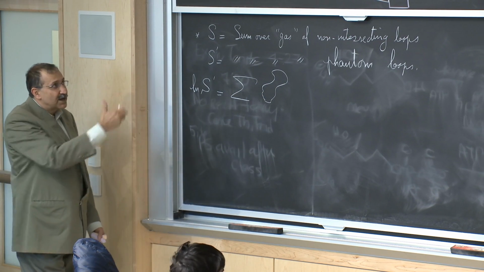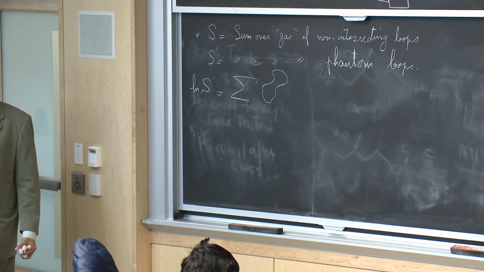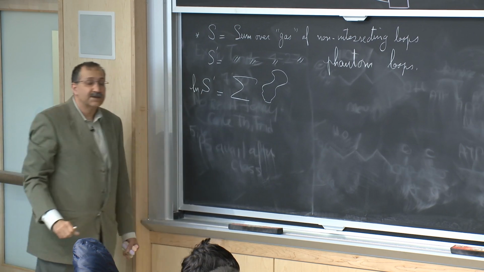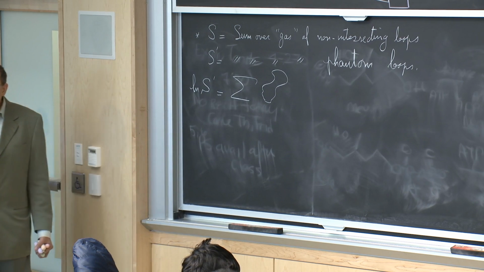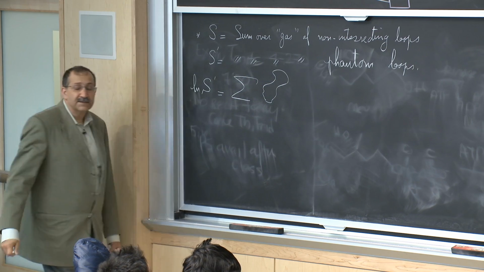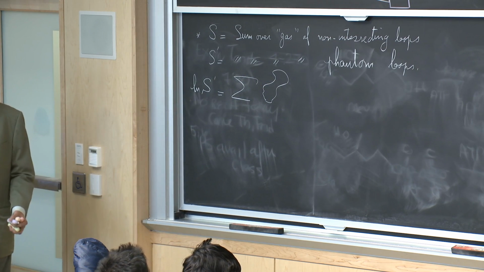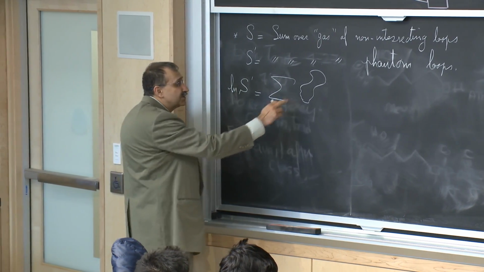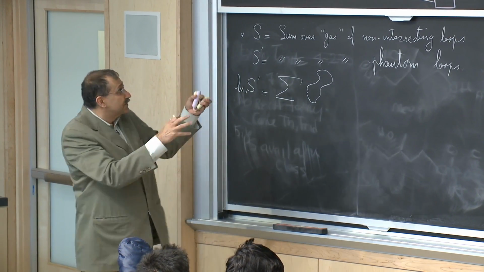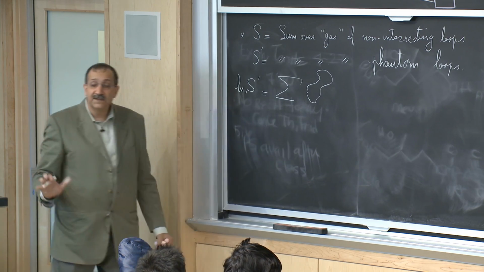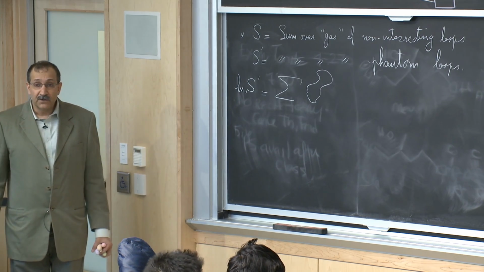And since I could exponentiate that, there was no problem in the exponentiation involved over here. Essentially, I have to, for calculating the log, just calculate these singly connected loops. And you can see that that will work out fine as far as extensivity is concerned, because I could translate each one of these figures of the loops over the lattice and get the factor of n. So this is clearly something that is OK.